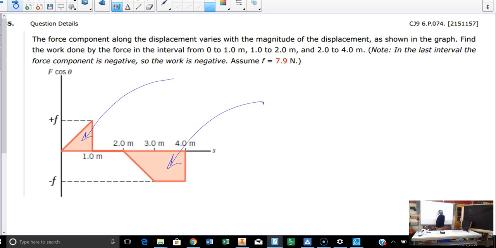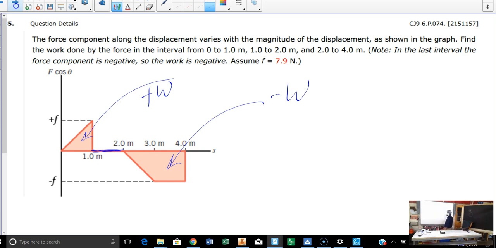So be careful about that. This is negative work, and this is positive work. And if we want the net work done from 0 to 4 meters, we would have to combine them as such. Find the area of the negative section, find the area of the positive section. And of course, if the force is 0, no work is done, which makes sense. So be careful. Work can be negative.